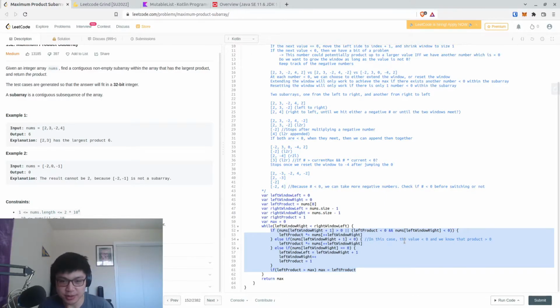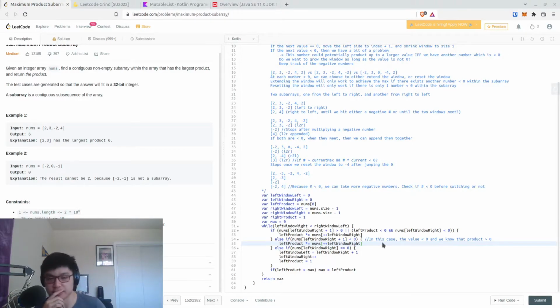There's got to be a simpler way to accomplish this. This feels way too convoluted, way too convoluted for a medium problem too. You can multiply it in.